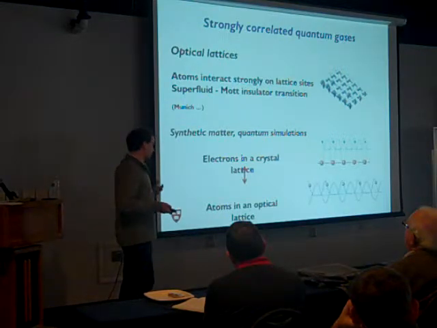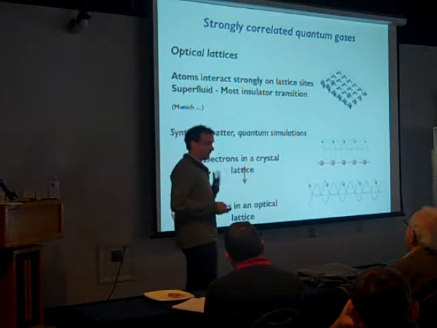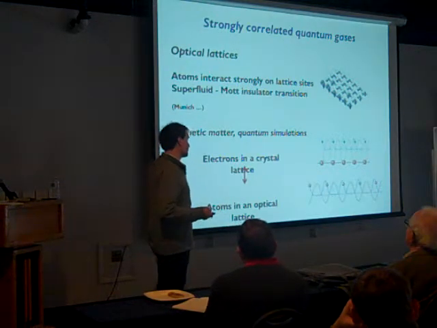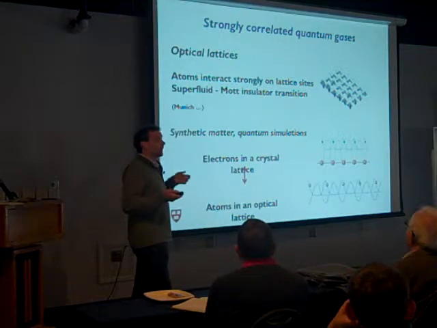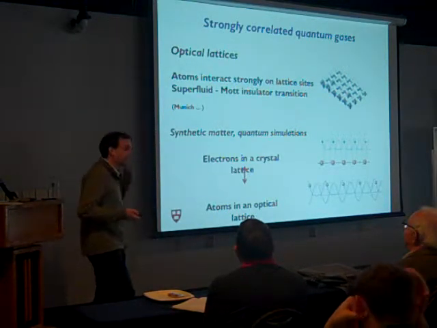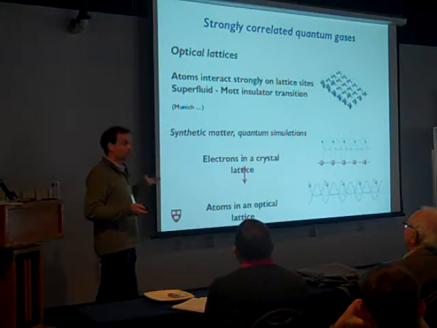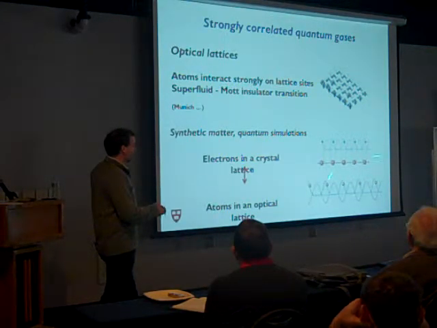In a real material that you can hold in your hand, the electronic properties, like in a superconductor, come along because you have the gas of electrons, the degenerate gas of electrons, moving in the periodic potential landscape given by the ions.